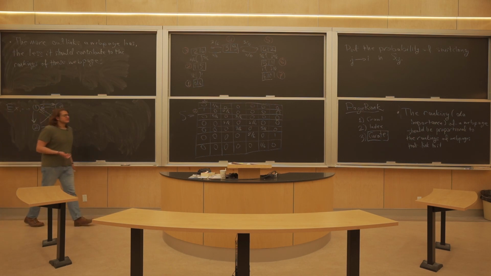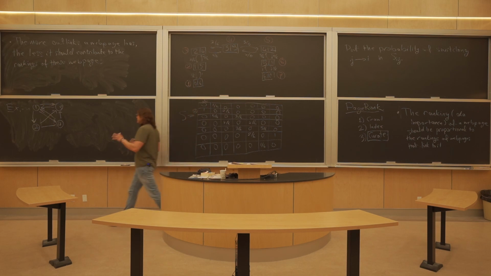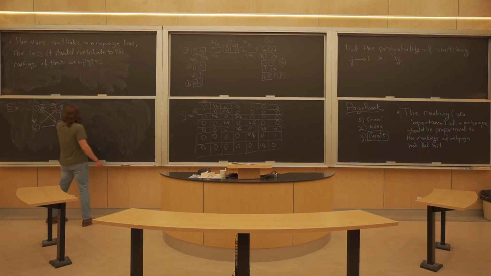I should also mention that what I want to do here is that I want to have a PageRank vector. It's going to be a probability vector of 4 entries. And pi, or the ith entry of the PageRank vector, is going to be the ranking of the ith web page.